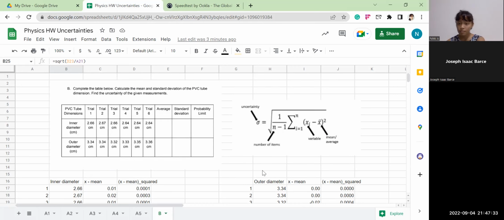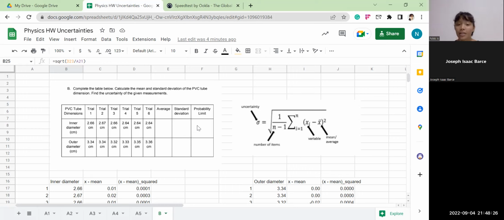Wait. 0.01. Very good. So that's the standard deviation. Ano yung probability limit?